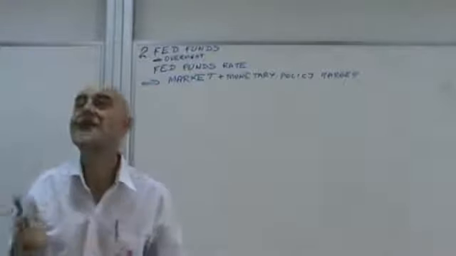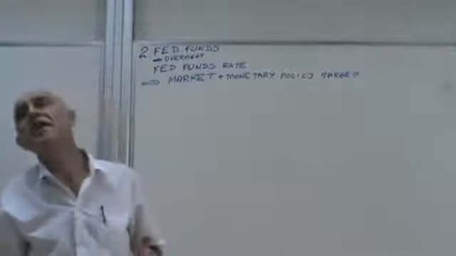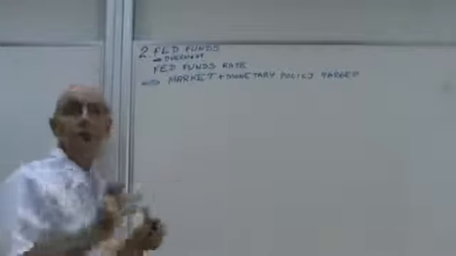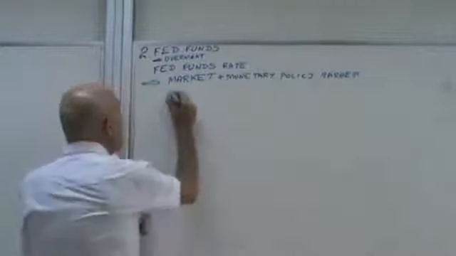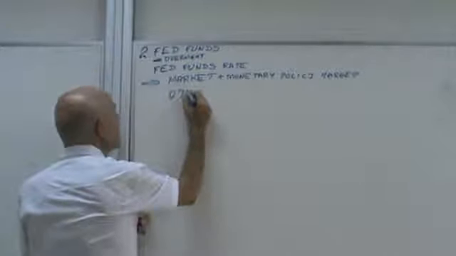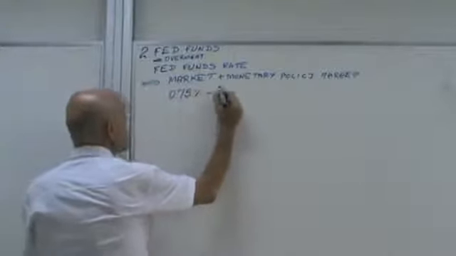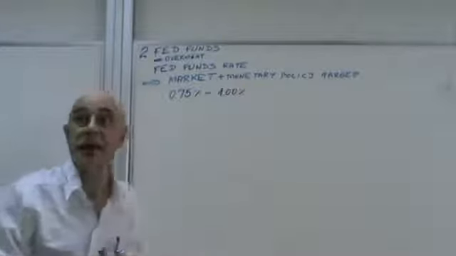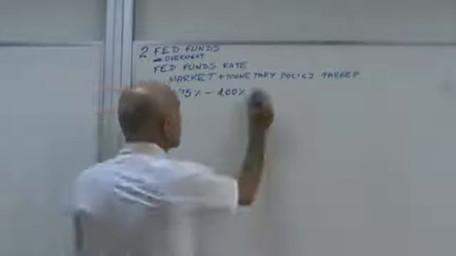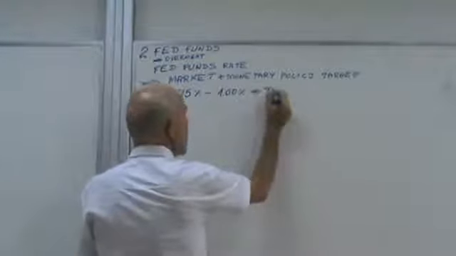A simple example will be, the target will be, let's say, usually a range. They'll say 0.75% to 1%. That's the target range.